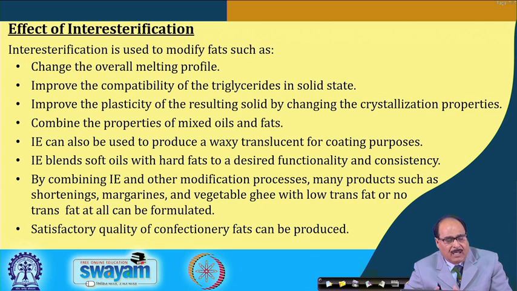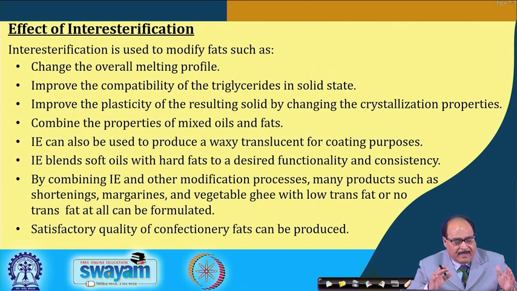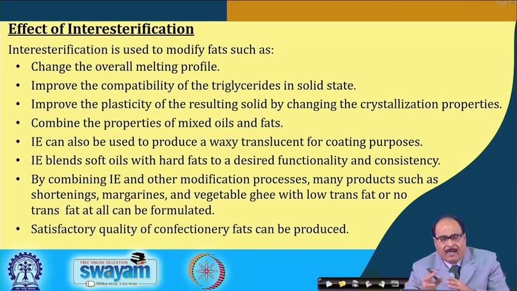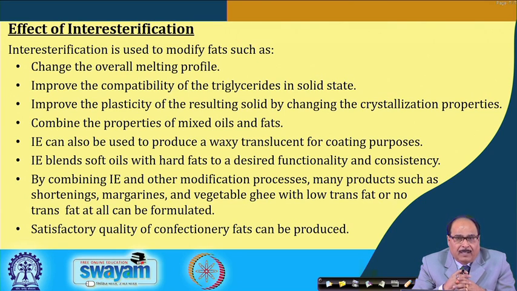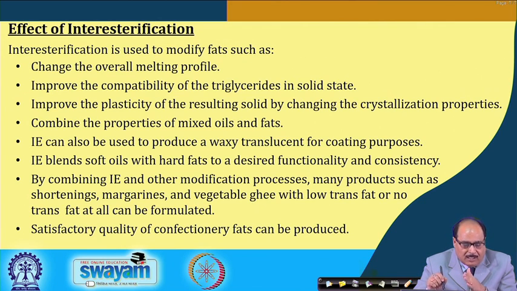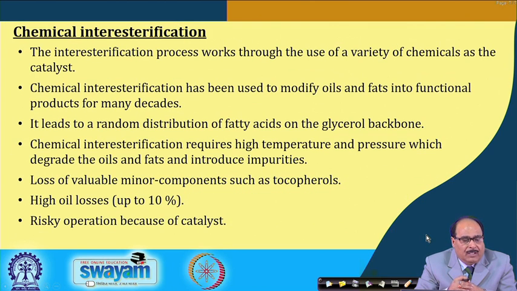It blends a soft oil with hard fat, and by combining interesterification with other modification processes, many products such as shortenings, margarine, and vegetable ghee with low trans fat or no trans fats can be formulated, and they give products of good satisfactory quality for confectionery and bakery usage.